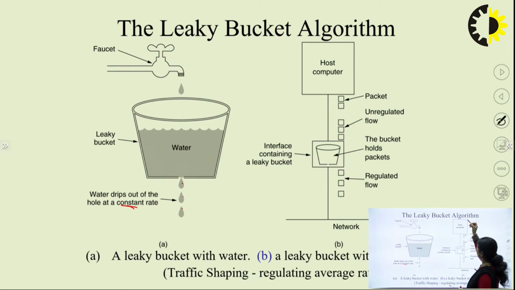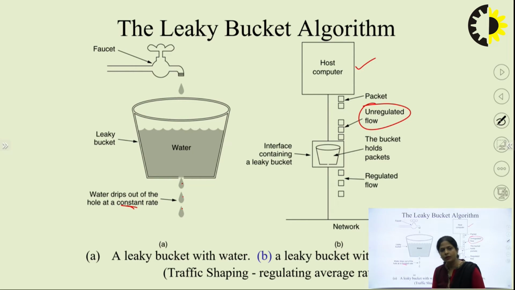Say here we see there is a host computer, right? We can have multiple packets coming at an unregulated flow. Now we have a bucket that holds packets, right? So, what is a bucket in the case of computer networks?